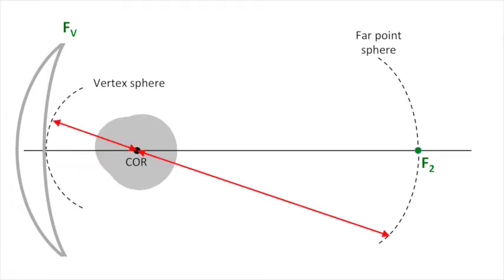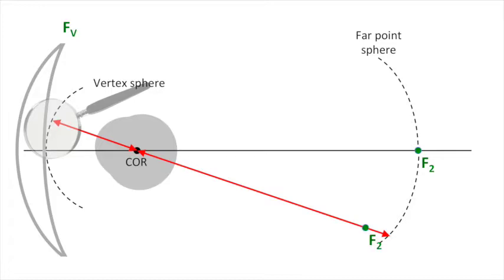First, if we look at the area highlighted by the magnifying glass, we notice that the vertex sphere curves away from the back surface of this lens, and obviously the flatter the lens, the greater this discrepancy would be. This increased distance changes the effectivity of the lens.